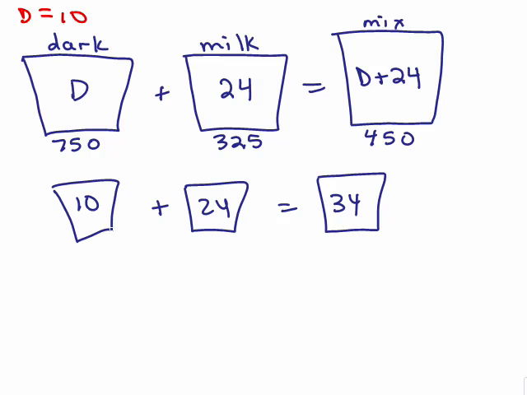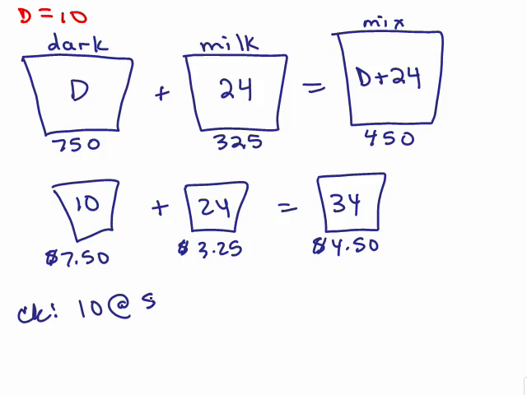Now, let's actually calculate the correct price and make sure this all works out. This was $7.50 a pound. This was $3.25 a pound. And the mixture was $4.50 a pound. So here's how we check. I'm buying 10 pounds at $7.50 a pound. That would be $75. Now we've got 24 pounds at $3.25 a pound.